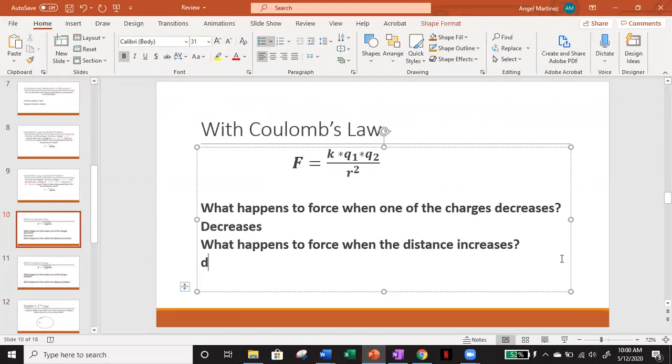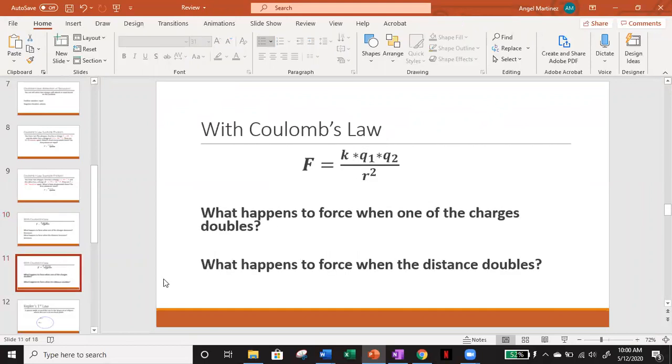It also decreases. So for R, if this got bigger, F gets smaller. If R gets smaller, F gets bigger.